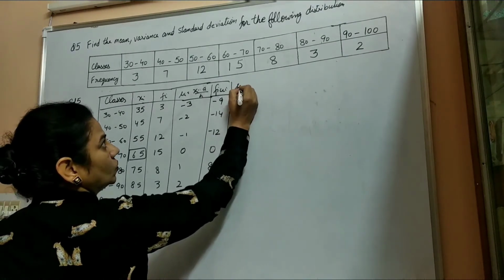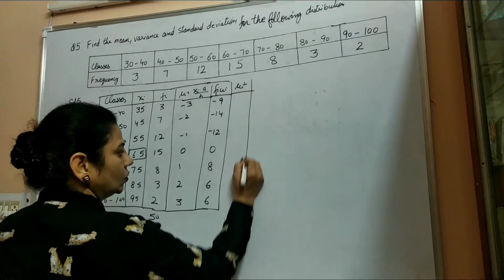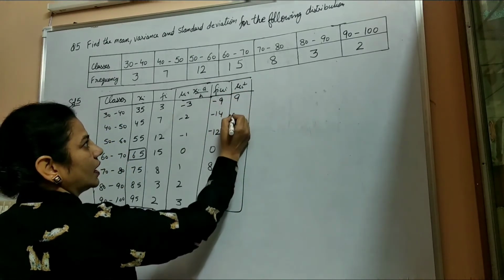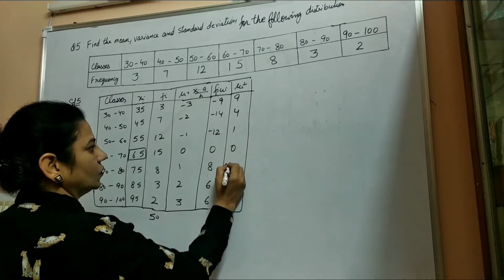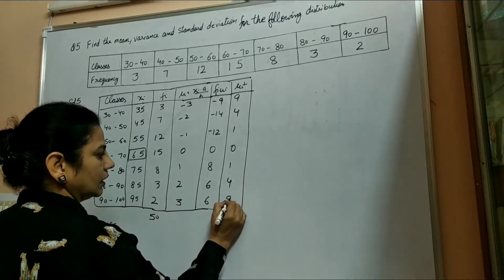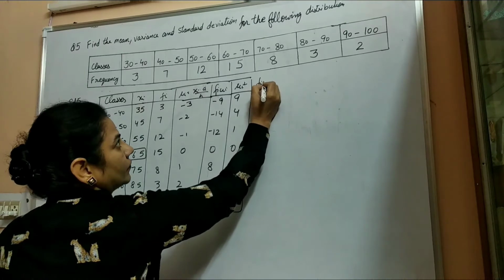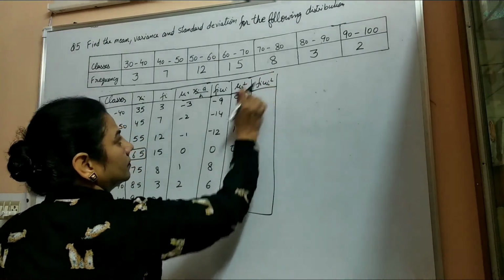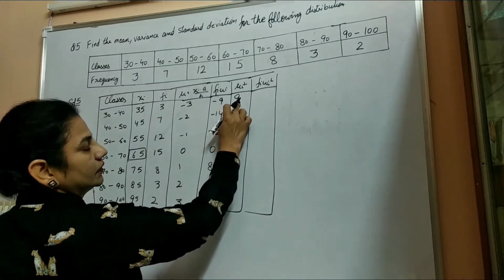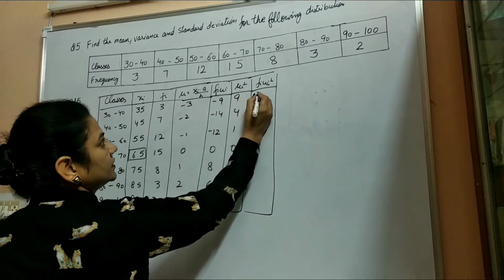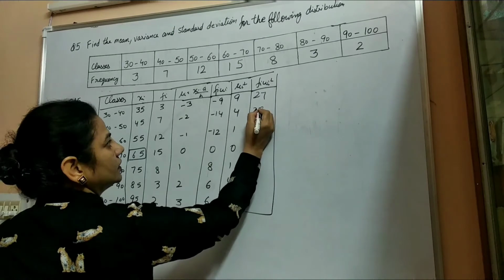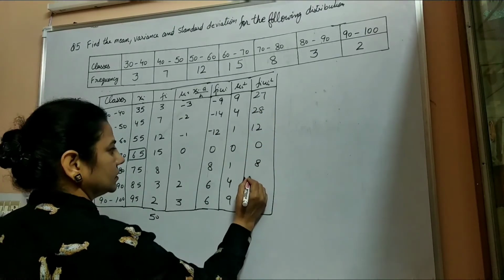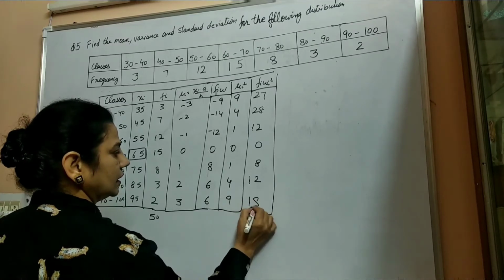Now ui square is the square of these: 9, 4, 1, 0, 1, 4, again 9. Then fi ui square is frequency multiplied with ui square: 27, 28, 12, 0, 8, 12 and 18.